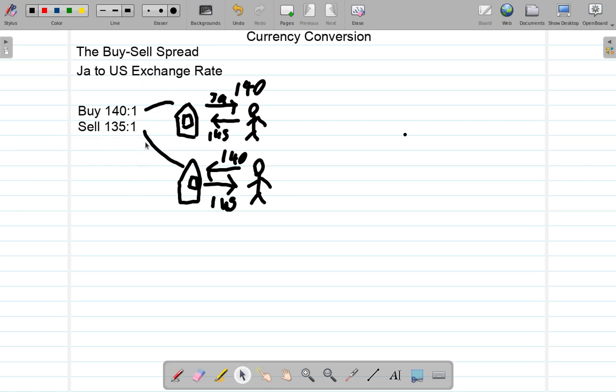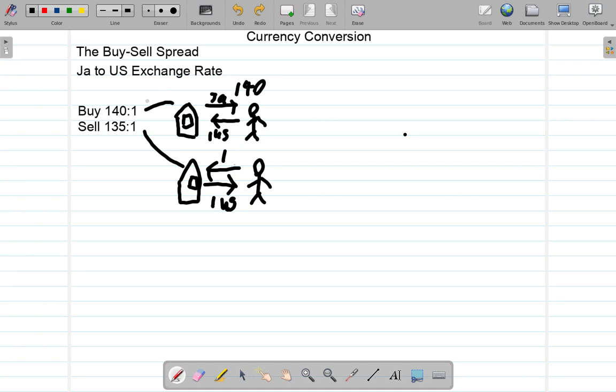Imagine now that they're buying at 140 to 1 and they're selling at 135 to 1. Let's see what will happen in that case. Let me erase this 140 here.